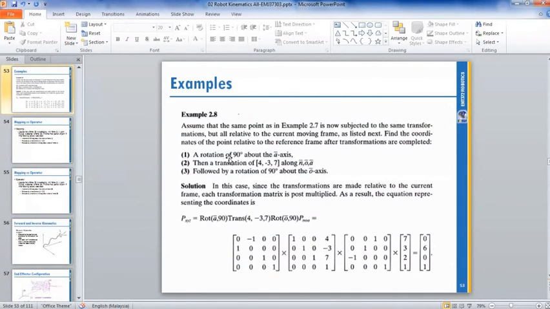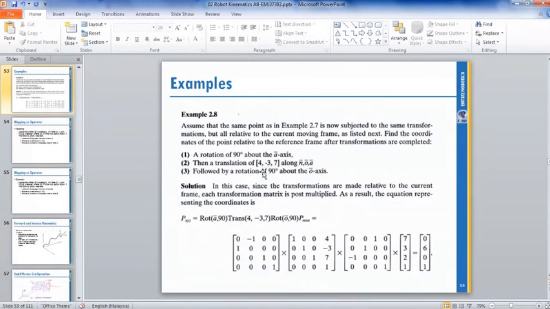Your rotation, your joint, this is one joint, one joint or one frame. So it says the joint or frame rotates 90 degrees. First, rotate 90 degrees about OA, which is Z. And then translate. So that means your gripper moves.